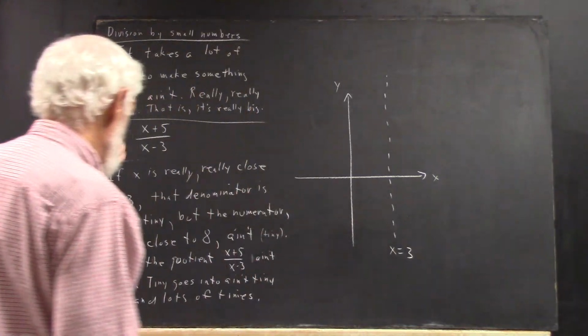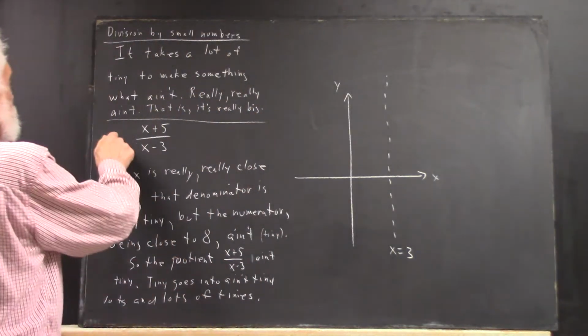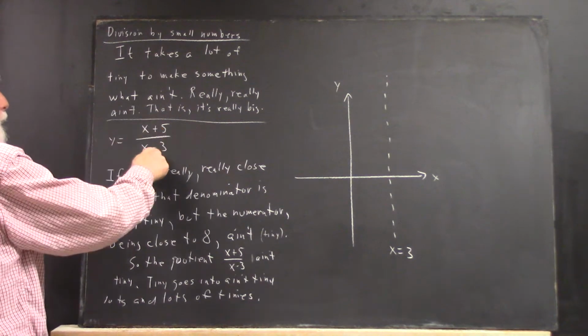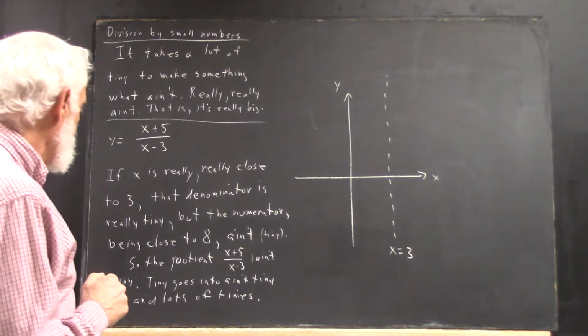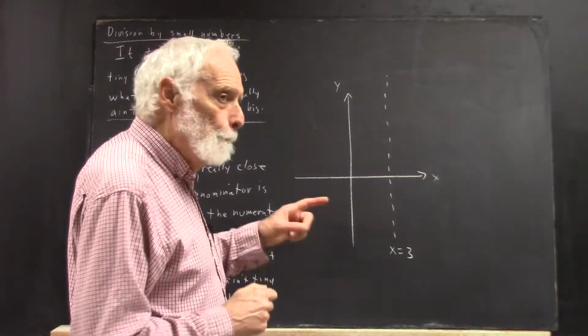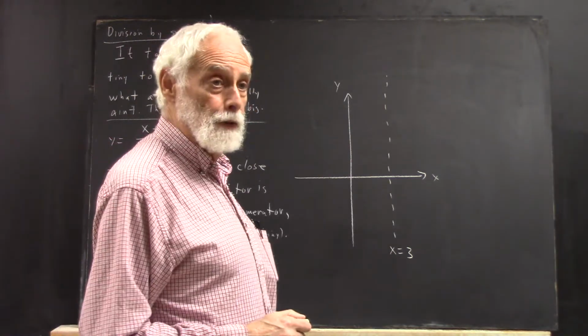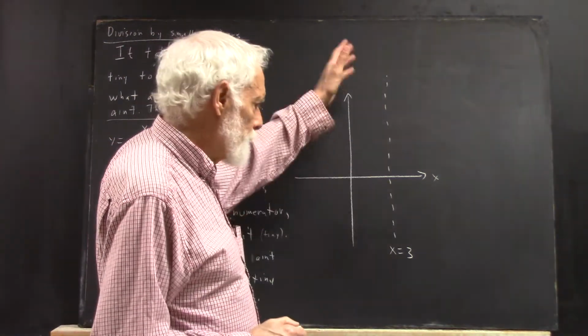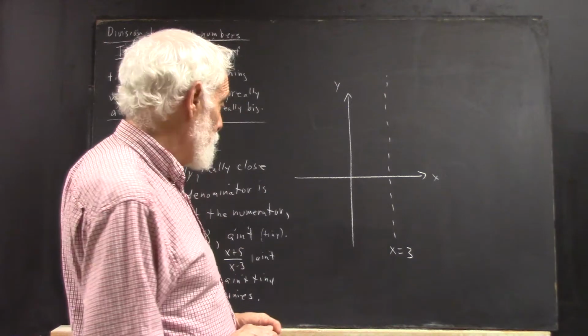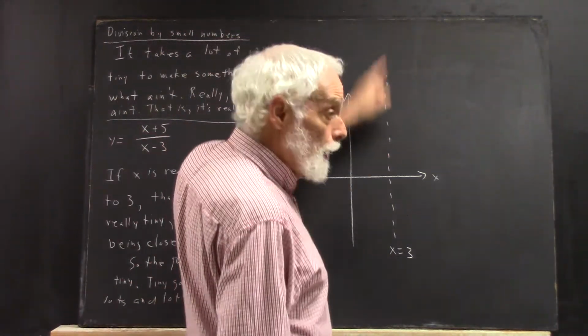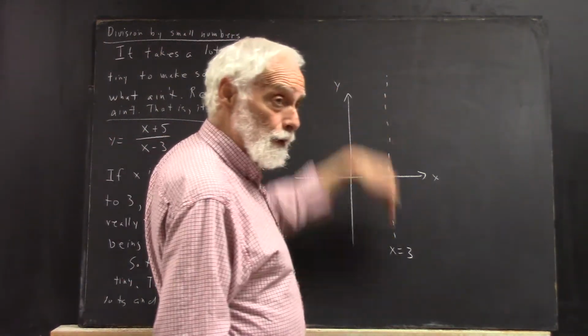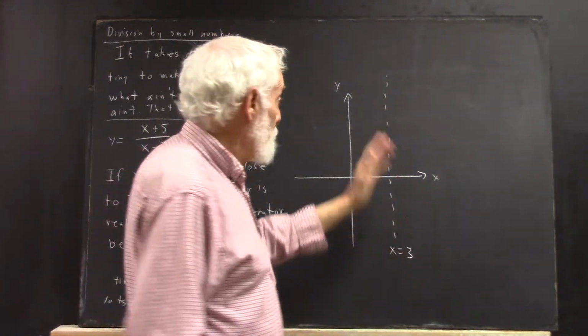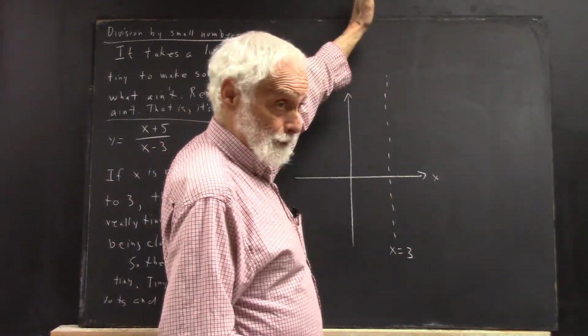Okay? So if y equals x plus 5 over x minus 3, then you're getting really big results close to x equals 3. Okay? So that means your y values are way up there or way down there. Big can be big negative, big can be big positive.